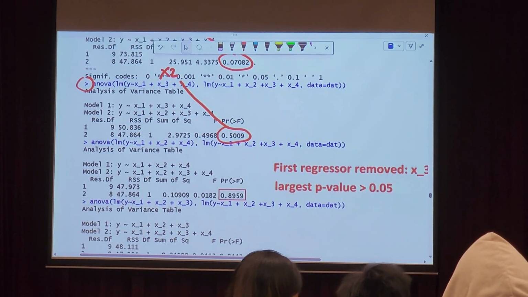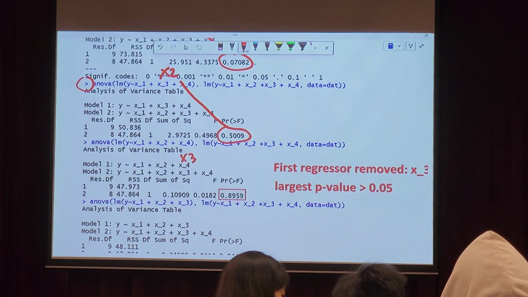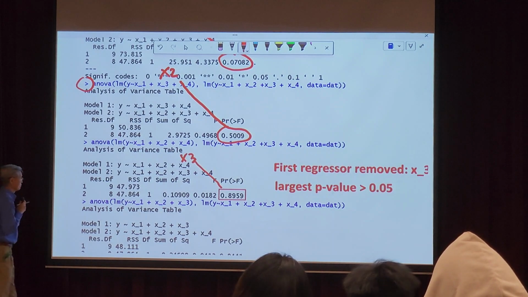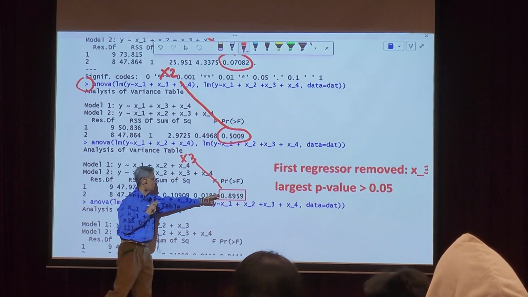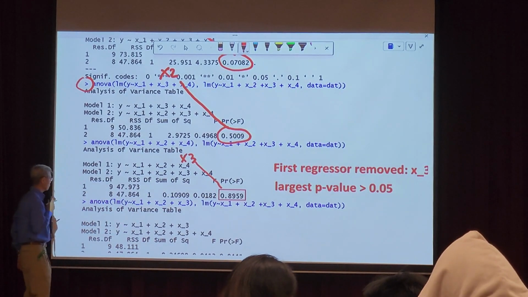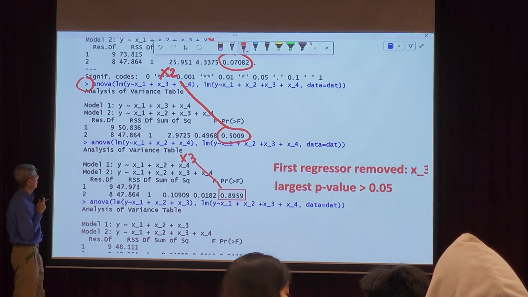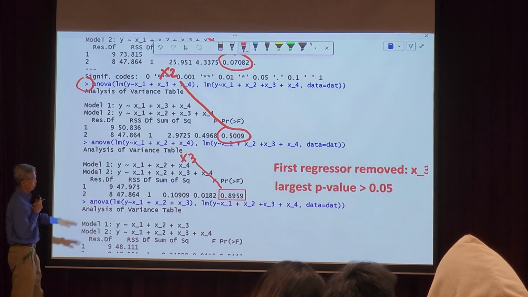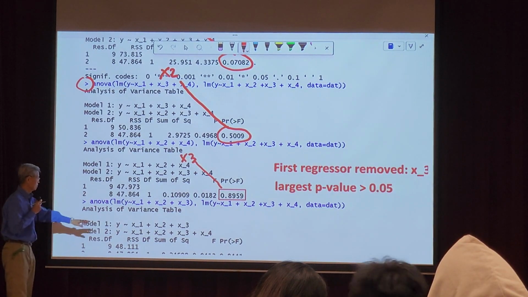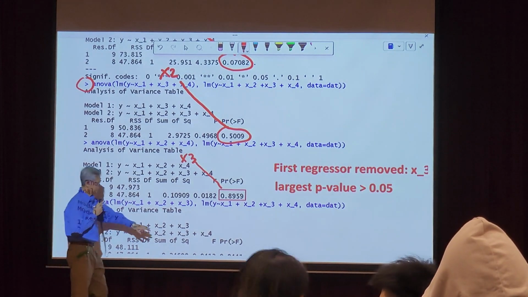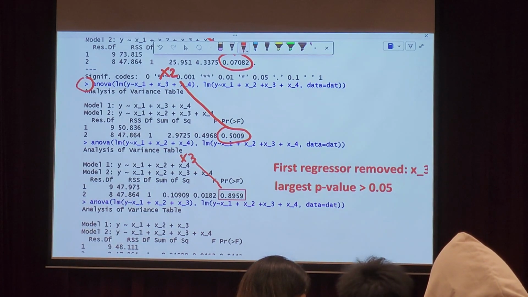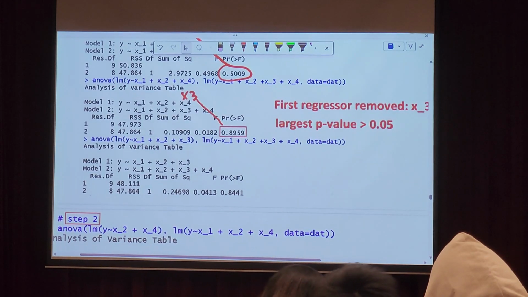Now, what about x3? Here we consider the contribution of x3. X3 is even worse. It produces the largest p-value. Or you can also consider the contribution of x4. So there are 4 models you need to consider, to see whether you can kick each out or not.